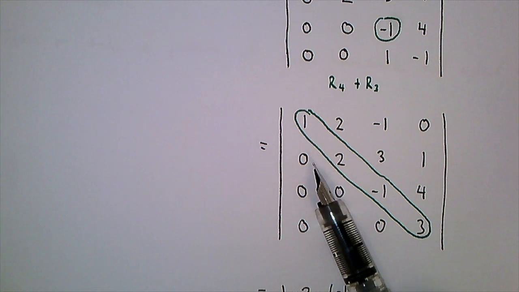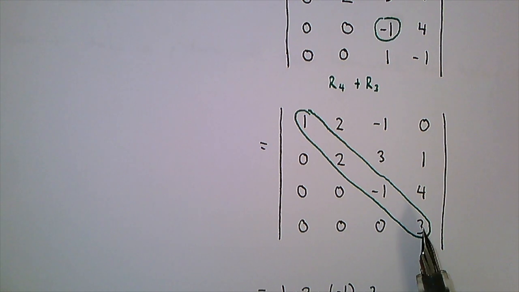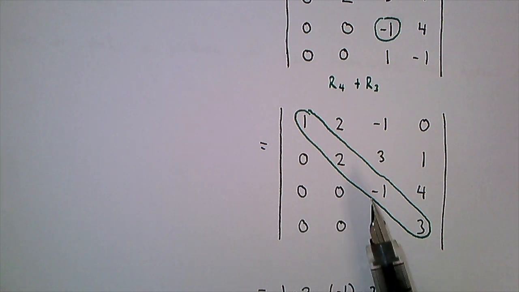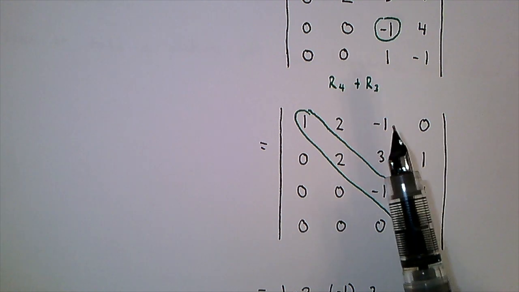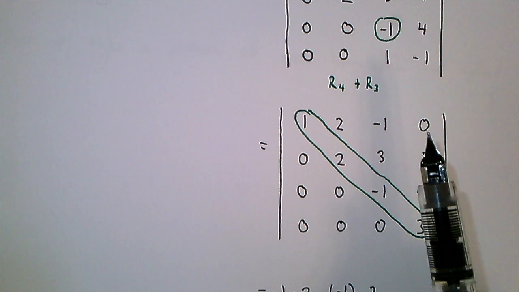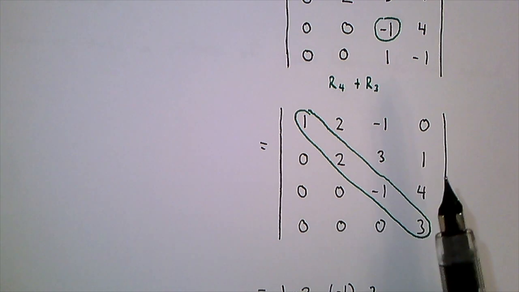The first 3 rows are the same. Our new fourth row has 0, 0, 0, and then 3 in the last entry. At this point, we have zeros below the main diagonal here, and above the main diagonal, we have any numbers we like, or anything that comes out of our row operations.